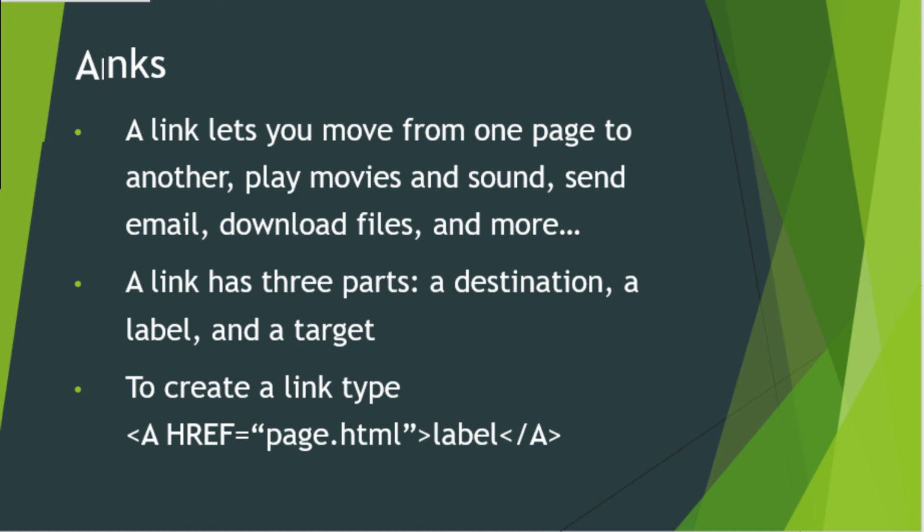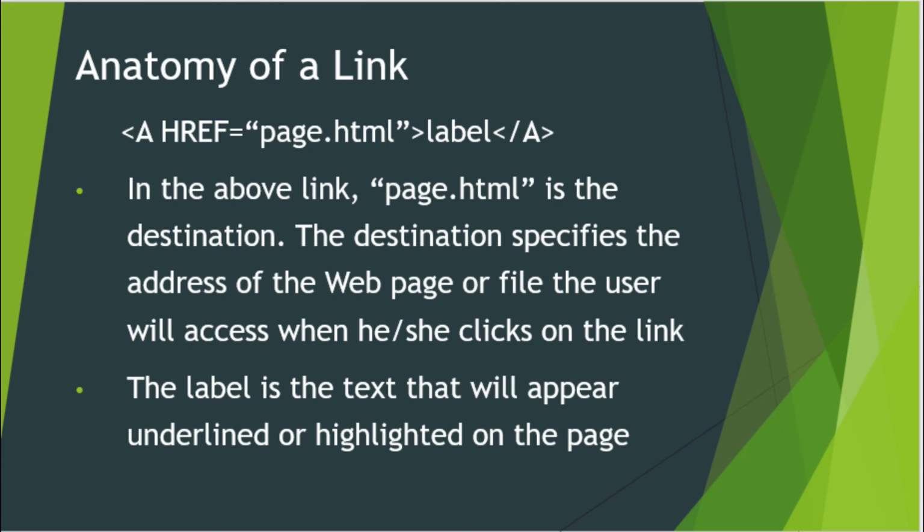Here inside the a href, one file is represented, that is page.html, that is the destination. The destination means the address of the web page or file the user will access when she clicks on the link.